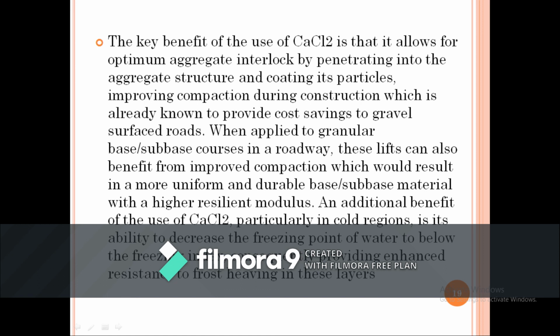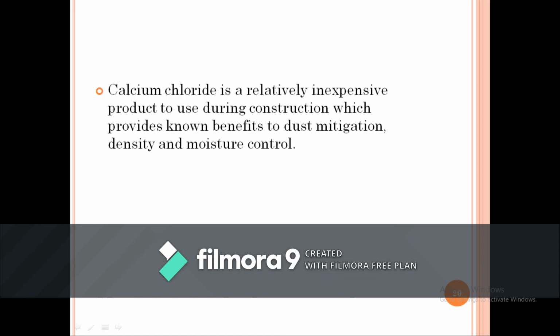So frost heaving is prevented, which will keep these roads available even for minus degrees centigrade. For that reason, calcium chloride is mainly used in frozen areas or in very cold areas. So these are the main benefits of the use of calcium chloride.